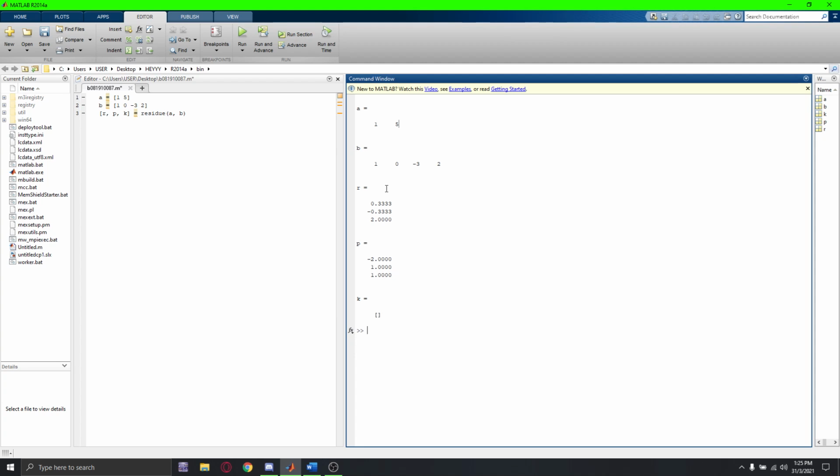So from the MATLAB, we read the output as 0.333 over s plus 2 minus 0.3333 over s minus 1 plus 2 over s minus 1.